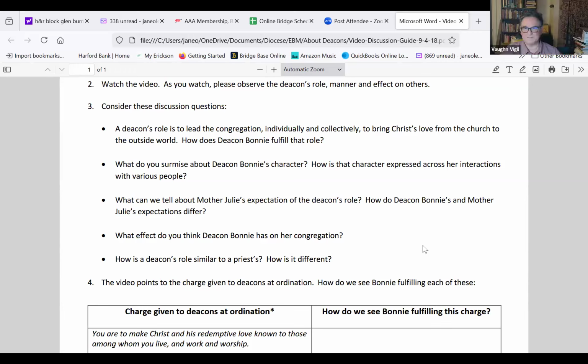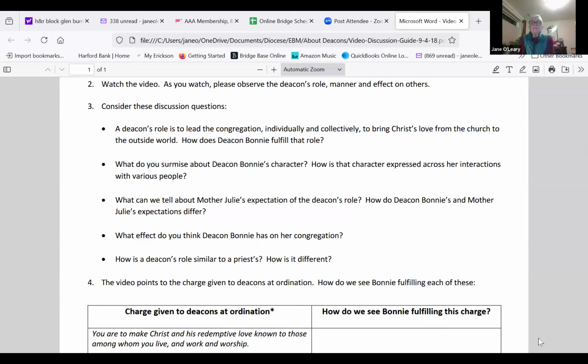Yes. She was seeing the deacon more as an assistant priest then. Which she's not. Okay. Yeah, Bonnie had a very firm idea of what she was about, and like Vicky said, was able to be assertive when she needed to be.